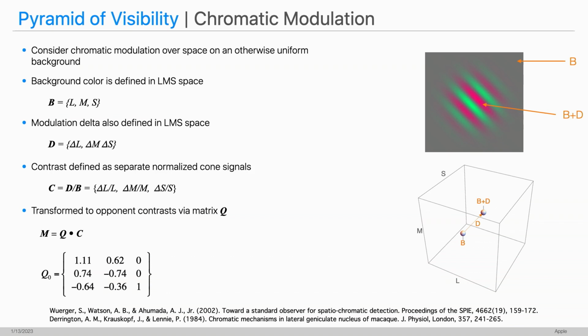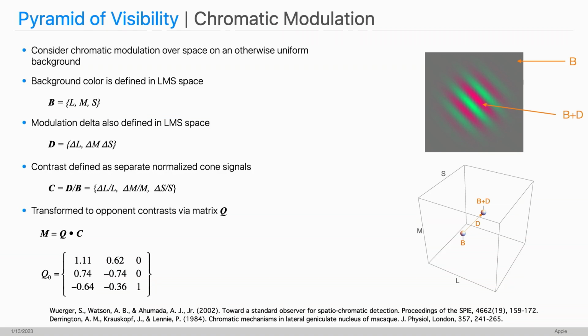Now that we're still in the trichromatic domain, to go into the opponent domain, we're going to multiply that contrast by a matrix, and we're currently using the famous matrix from Derrington, Krauskopf, and Lennie to transform those trichromatic signals into this modulation, which is now opponent.